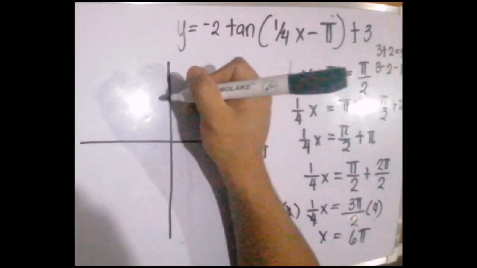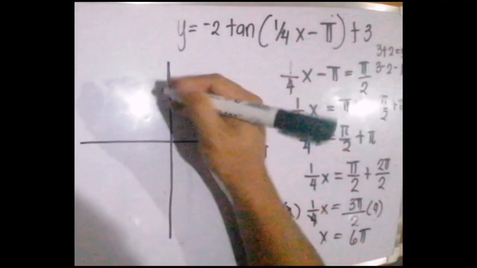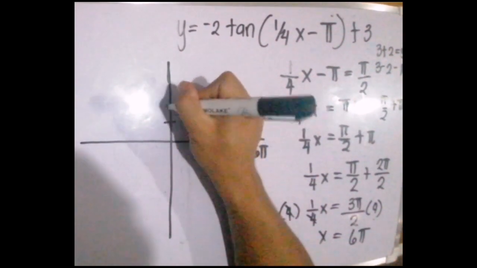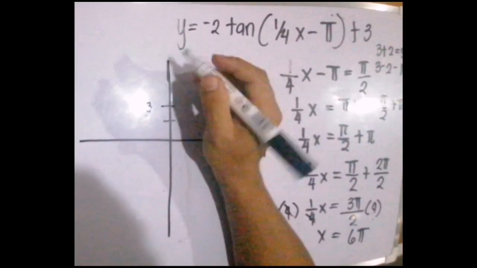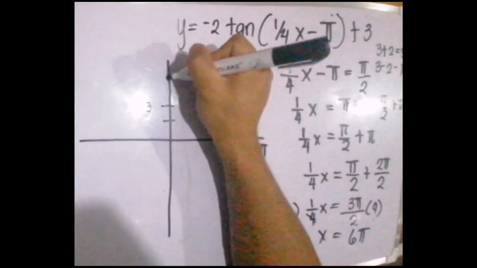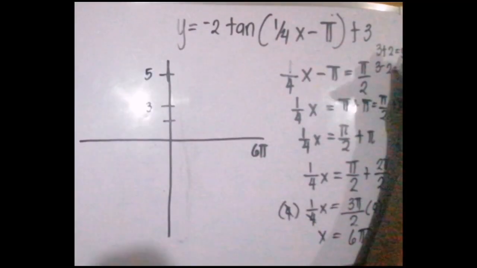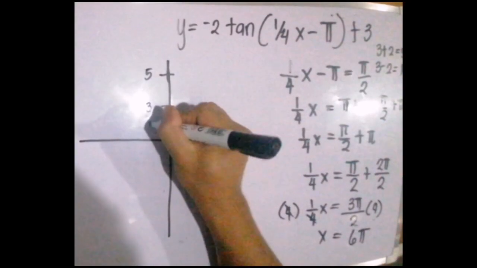So our vertical shift here is 3. Our upper limit is 5. Our lower limit is 1.